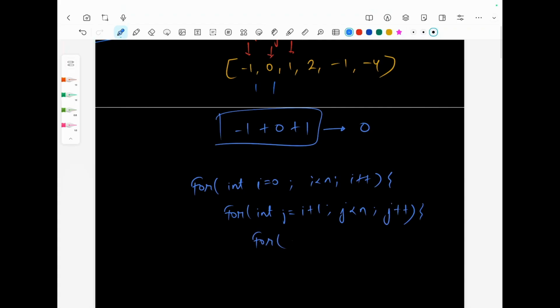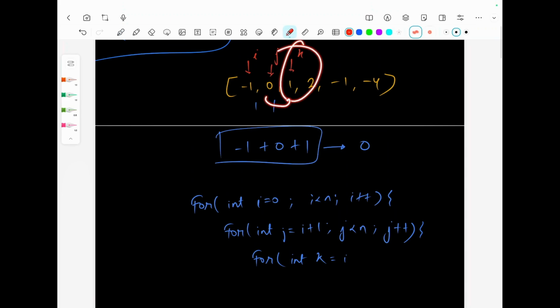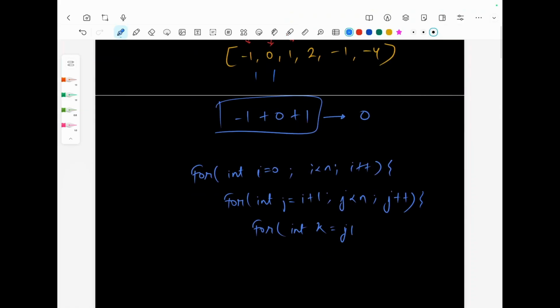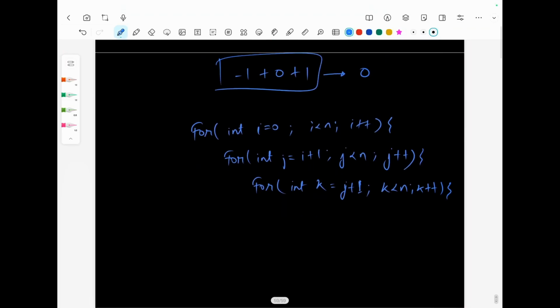Similarly we will write another loop which will be next to j, right? Because if we start from j, they will be at the same index. If we start from i, it is also the same index, but we have to avoid it. So we will start from j plus 1, k less than n, k plus plus. After writing these three loops, we will check if nums of i plus nums of j plus nums of k equals 0.